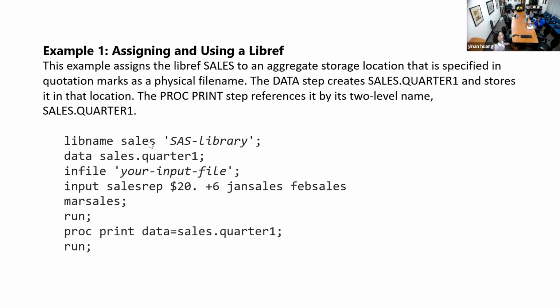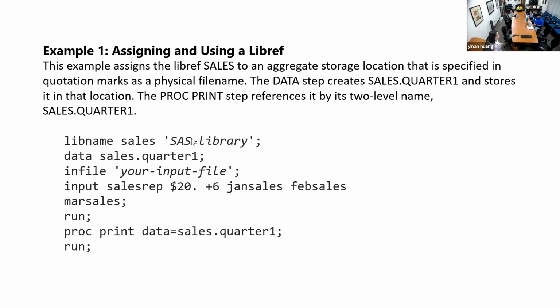This is an example I included here just to show what we have discussed about assigning a library. Notice that this is a template. We start with LIBNAME, and then the library we mention is called sales, and then path.